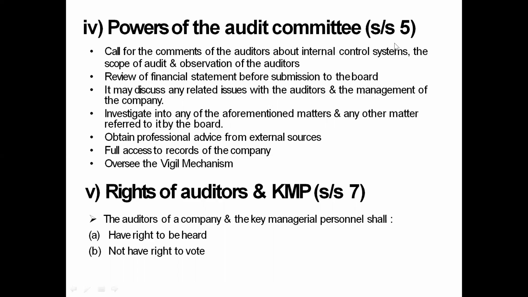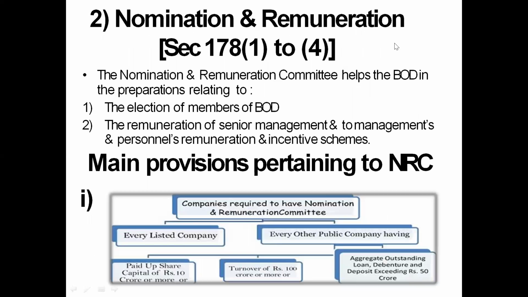And what are the rights of auditors and key managerial persons, as given under subsection 7: auditors of a company and key managerial persons shall have the right to be heard, but not the right to vote. All this constitutes the whole audit committee.